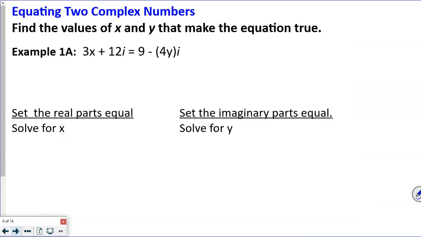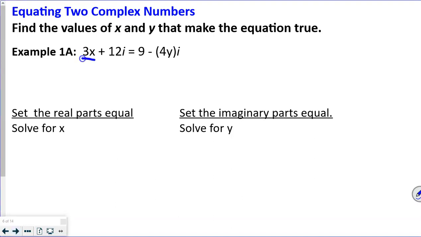All right, now we're going to equate two complex numbers. We're going to find the values of x and y that make the equation true. This says example 1a, so we have 3x plus 12i equals 9 plus 4yi. Notice that we have some real numbers on the left and the right, and some imaginary numbers on the left and the right. So we want to find all the real numbers and set them equal to each other, and find all the imaginary parts and set them equal to each other.